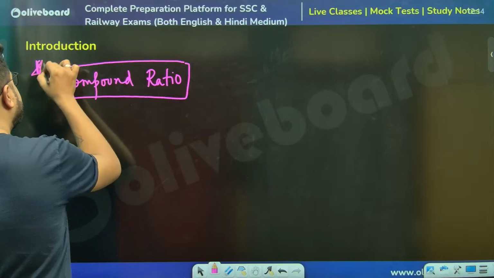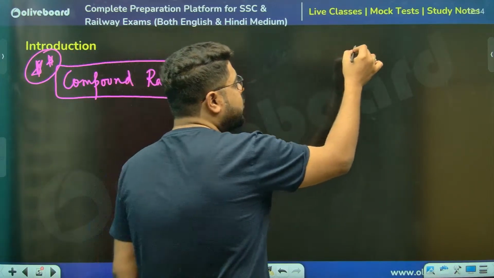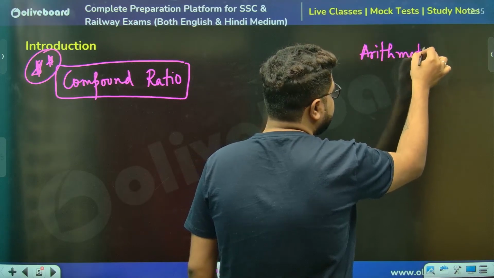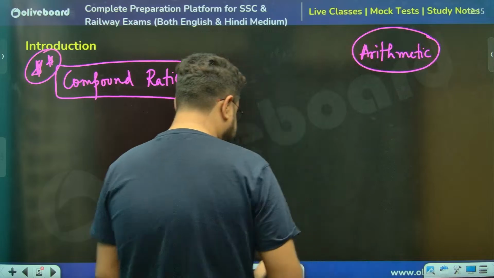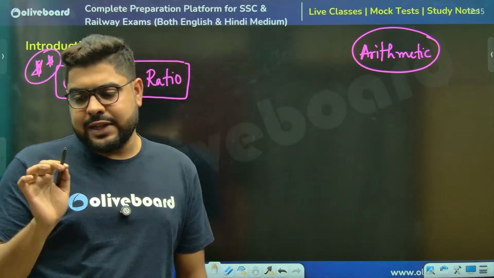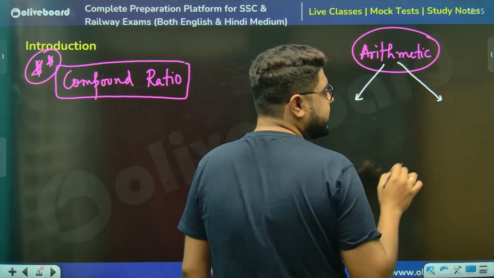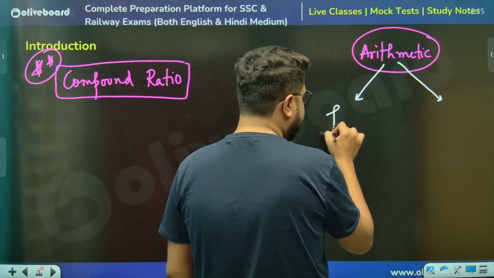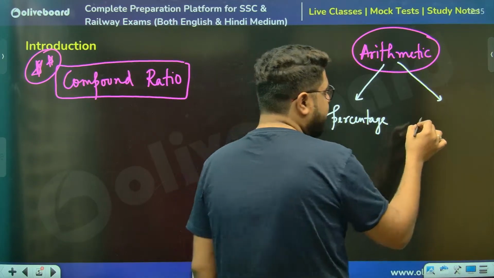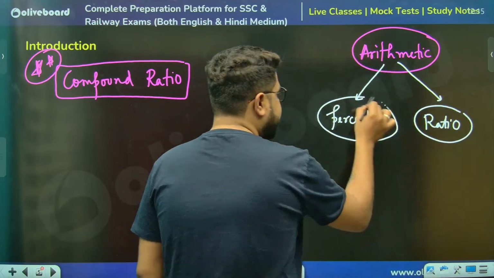I always say, if you take your whole arithmetic, there are only two chapters: one is percentage, another is ratio.